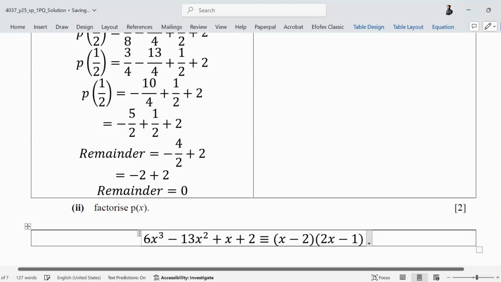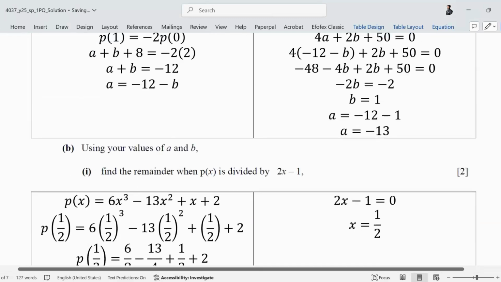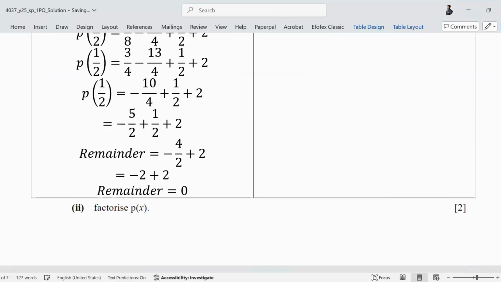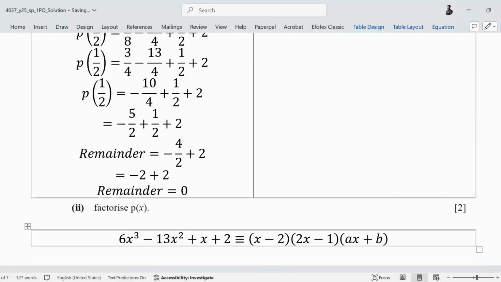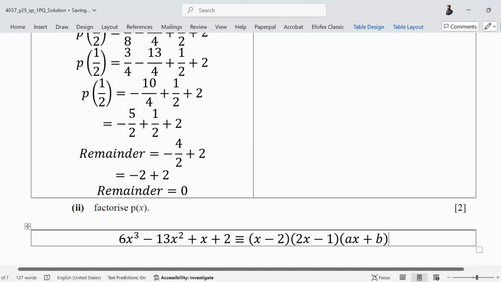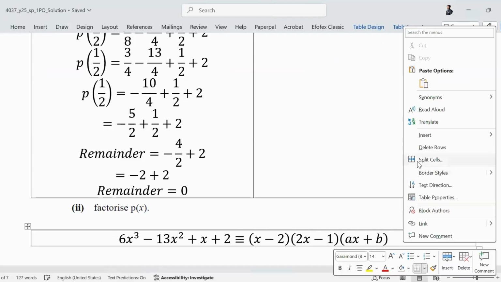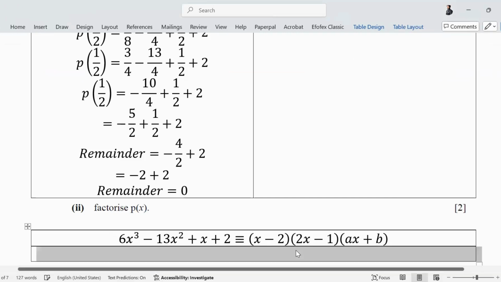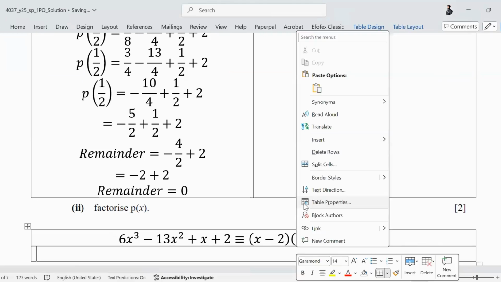I'll just write ax plus b, because the linear factor can have a maximum of two terms: x minus 2, 2x minus 1, and ax plus b. Now comparing coefficients, I'm not even expanding the right side, but if I wanted to, I'd be focused on just two terms. One is the cubic one, and the other will be a constant. So with enough practice, you can get there.